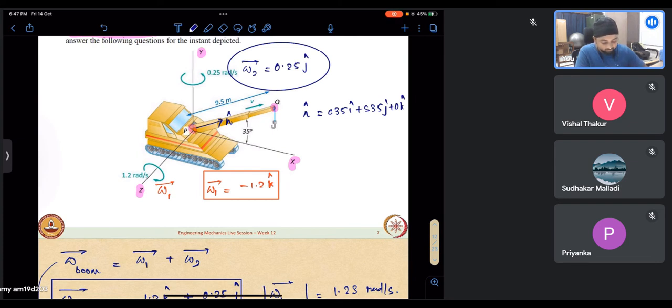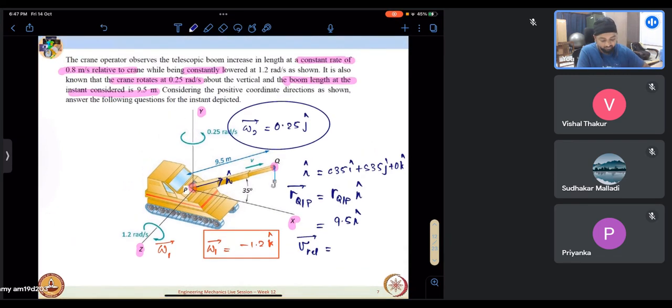So what will be my RQ with respect to P? It is nothing but the length of RQ with respect to P times the unit vector, so it is 9.5 n cap. Similarly, VREL: the person sees that point to be moving away, so essentially it is increasing. That means n cap is the direction in which it is increasing, with a magnitude given to be 1.2.